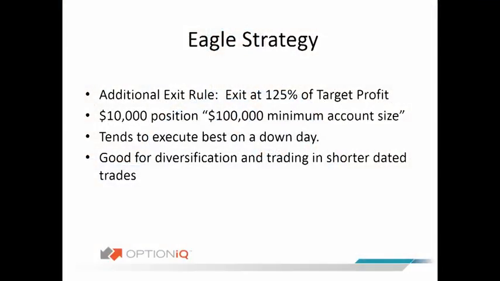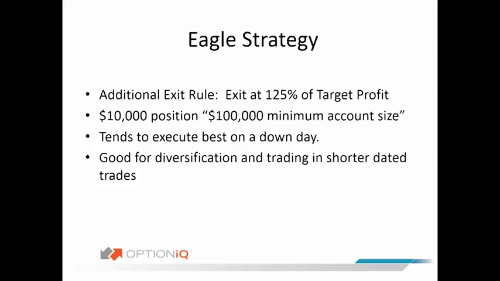A couple of additional bullet points for the eagle strategy. At the top, it says there's an additional exit rule. So in addition to our 40% P factor, our profit exit, or our like 70, 80, 90 profit exit, or the proximity rule, we are adding another rule, and that is that if you ever reach 125% of your target profit, you exit the trade at that point.